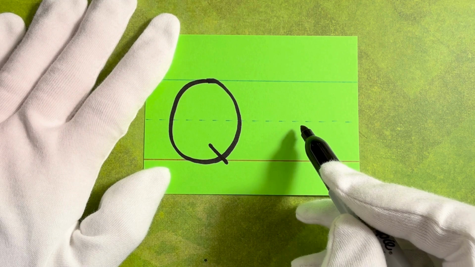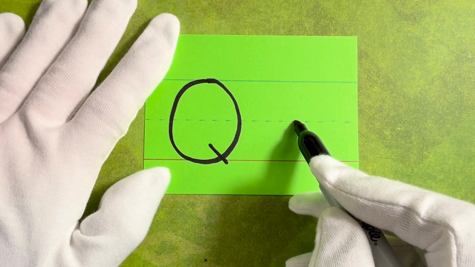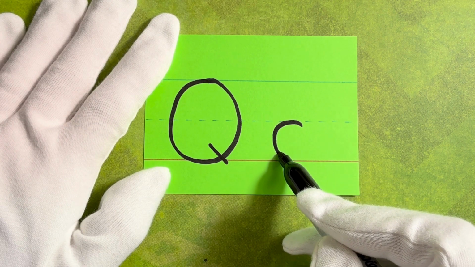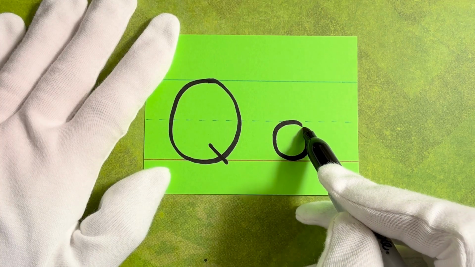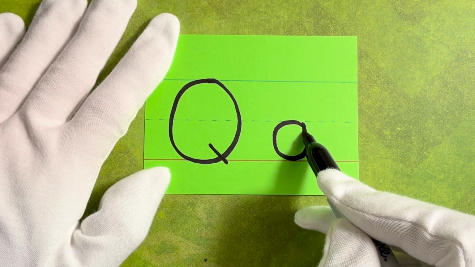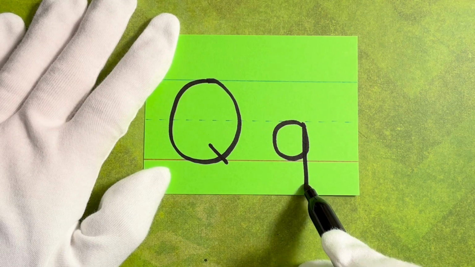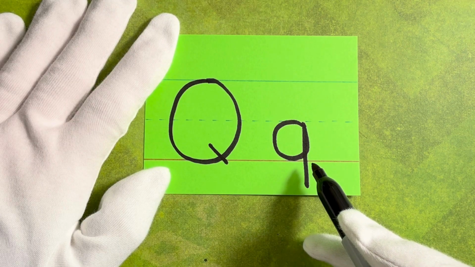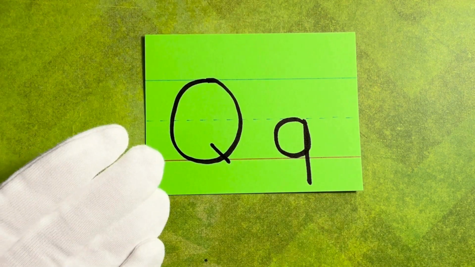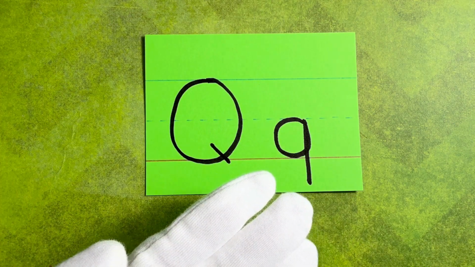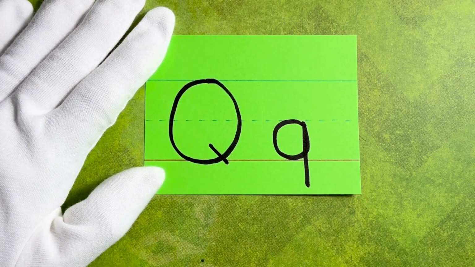For lowercase q, start at the midline, go left to right, complete a circle, go back up, and now straight down past the lower line. Uppercase Q, lowercase q. The sound is qua, qua, qua.